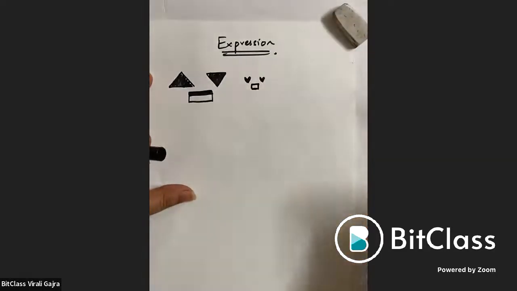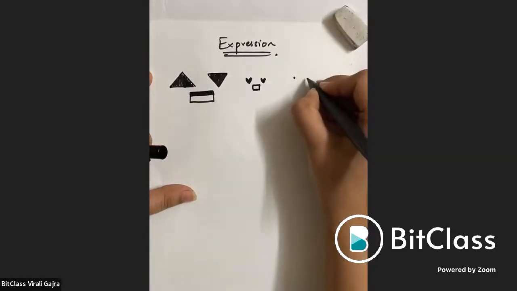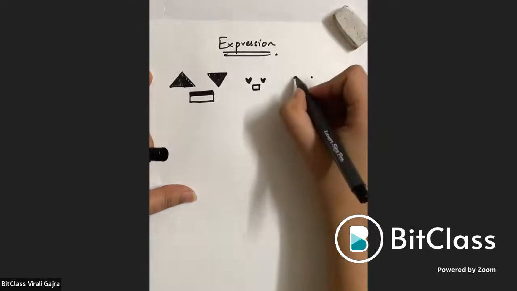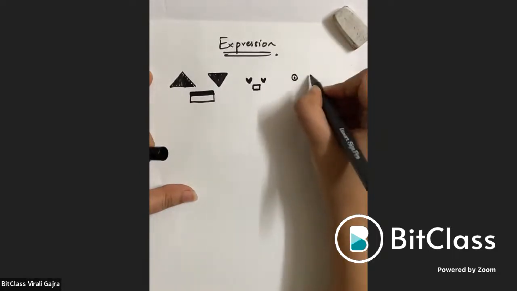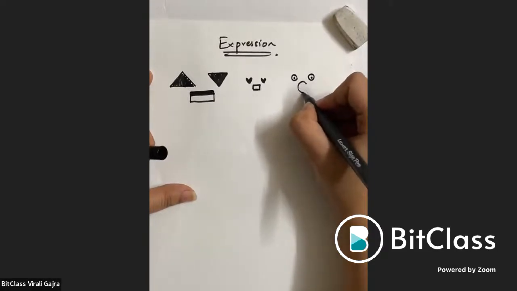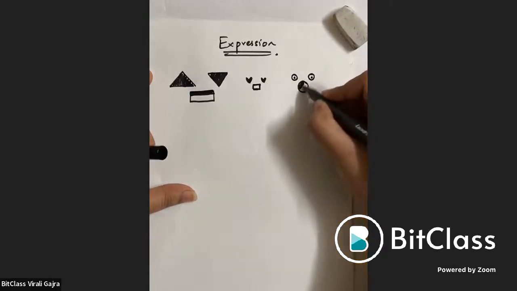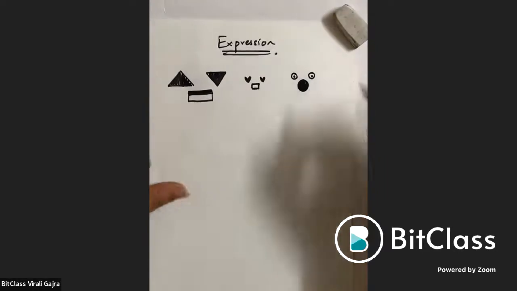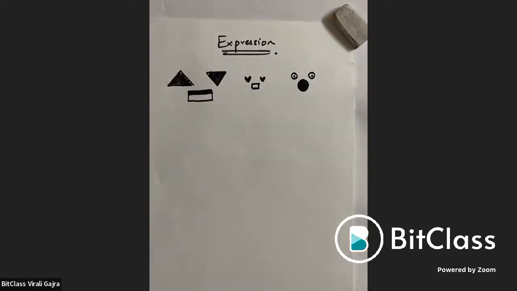I'll show you. Let's select circles. Okay, circle, two medium size circles around it and one big circle over here at the center for the mouth. So the shocking kind of a face.